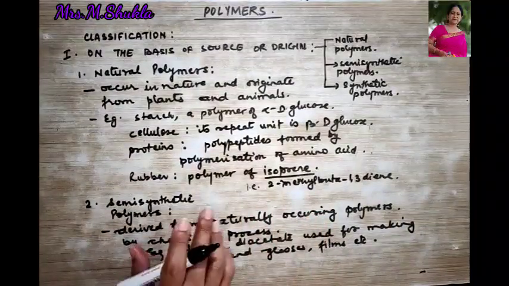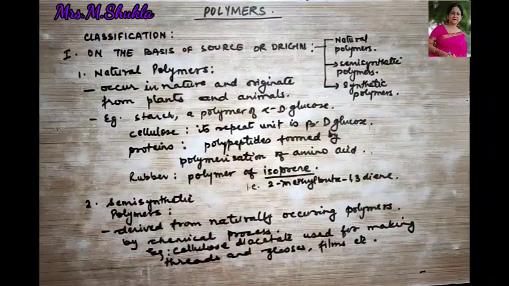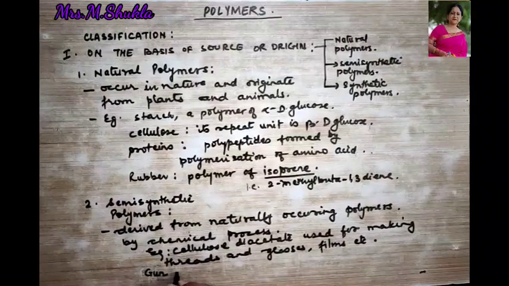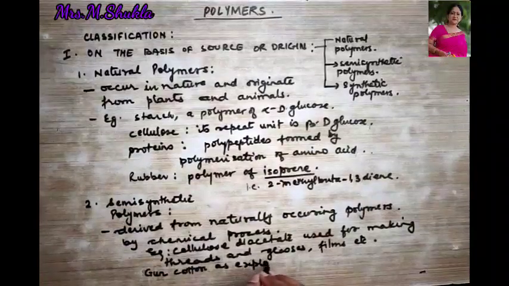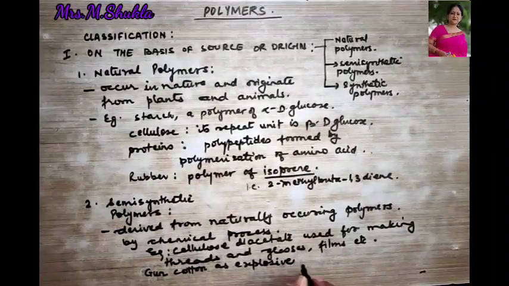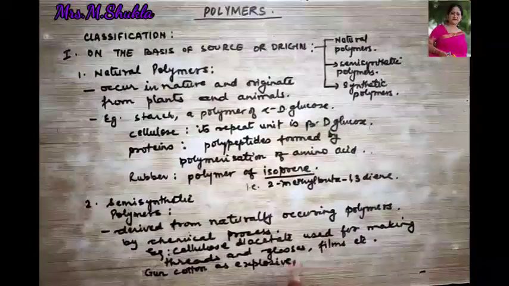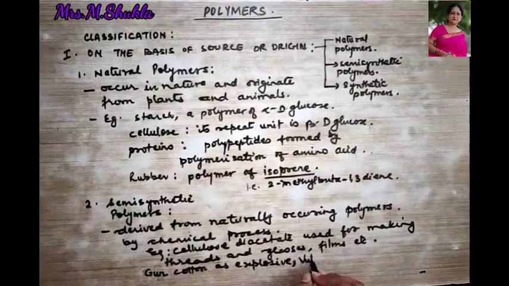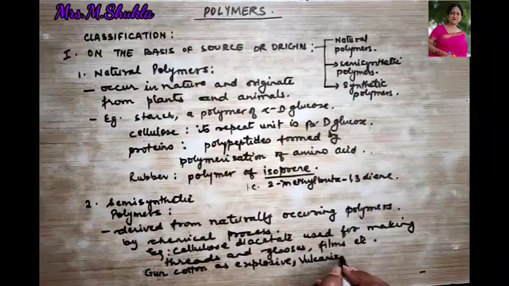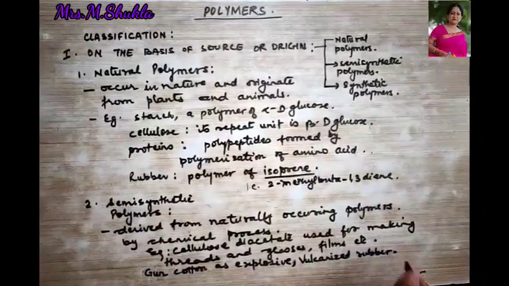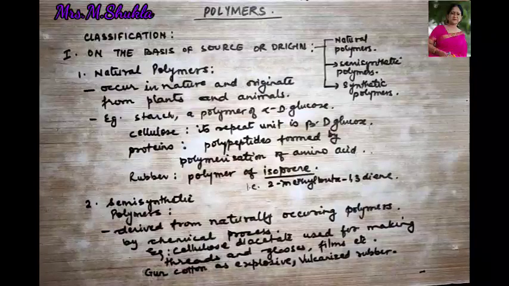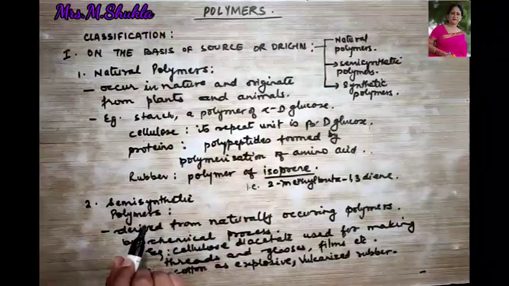These are all semi-synthetic polymers. Gun cotton is used as an explosive, and vulcanized rubber is used for making tires. So this was about semi-synthetic polymers.